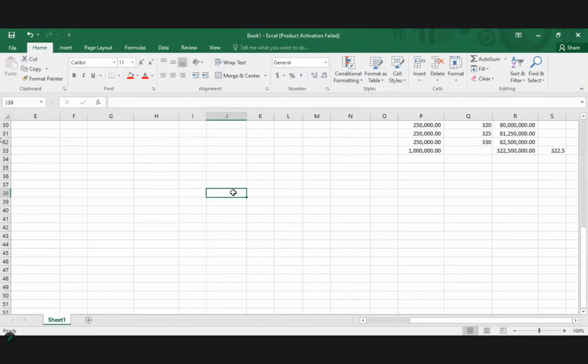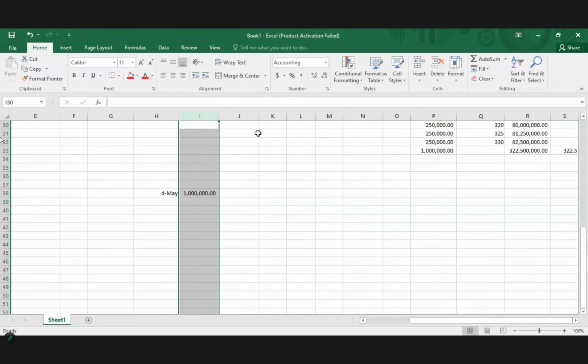So this is trade day, let's say 4th May. You basically agree to sell $1 million. And this is sell side.